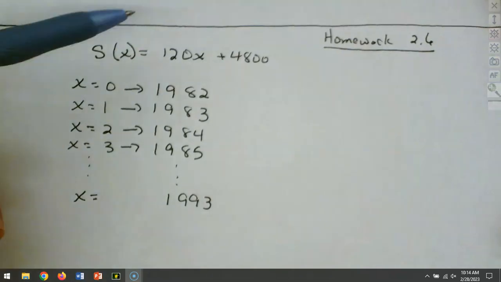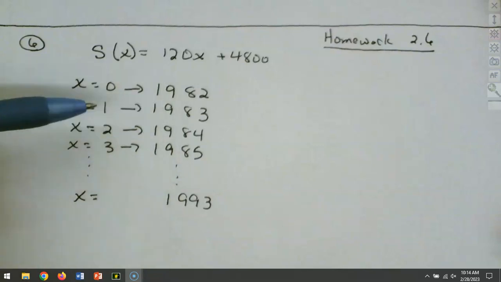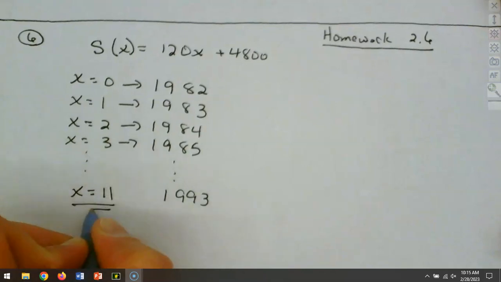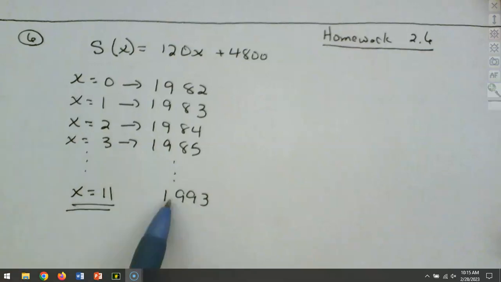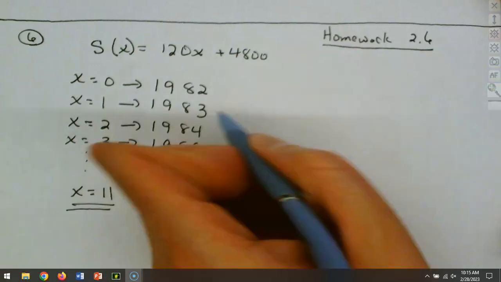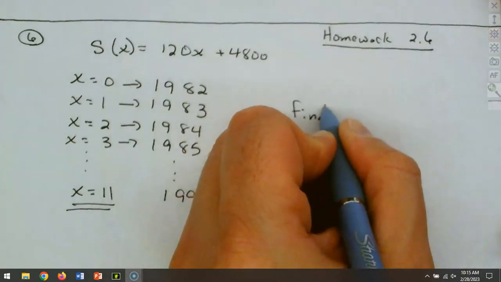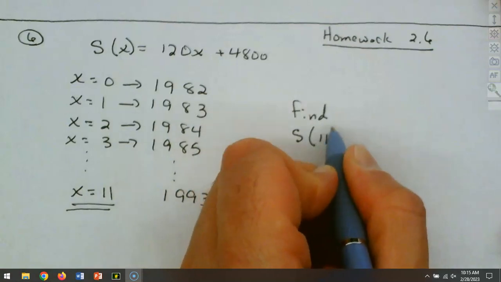1993 would be, well, if you look here, 83 to 93, that's a difference of 10 years. Add 1 because it's 1. And so x is going to be what now? 11. See the pattern? Add 1 every time. Go all the way down to 1993. And here's what you want to find. You want to plug in that 11. So you're going to find now S of 11.